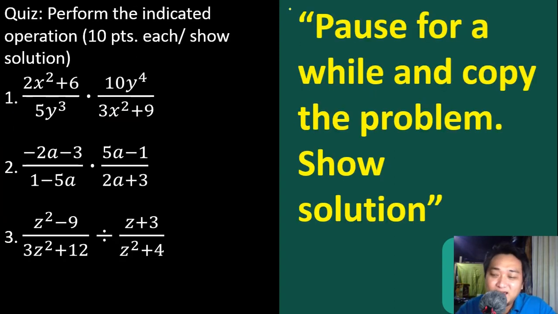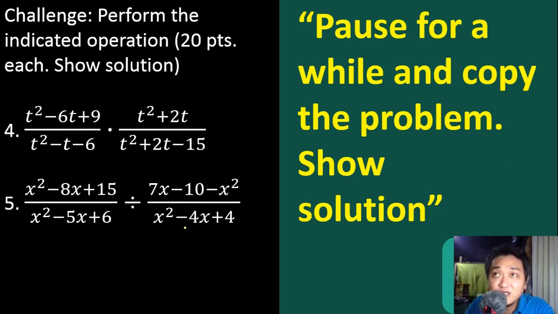Now, I'll be leaving a home quiz for you to answer at home. I want you to perform the indicated operation. It is only limited to multiplications and division. Okay? I want you to multiply number 1, number 2 multiply, number 3 divide. Don't forget to get the reciprocal of the divisor.